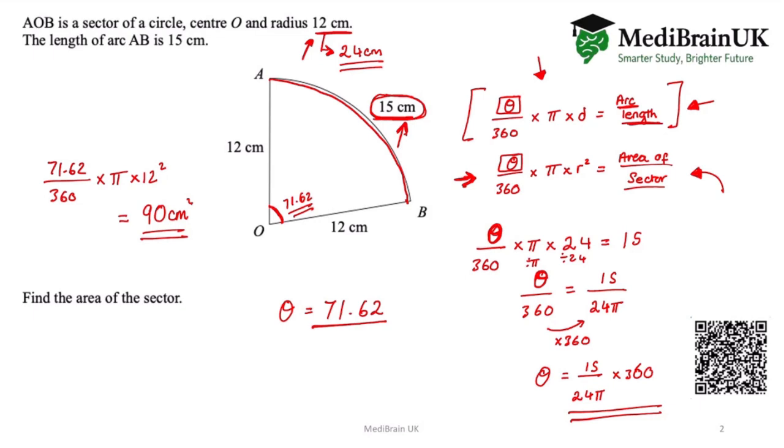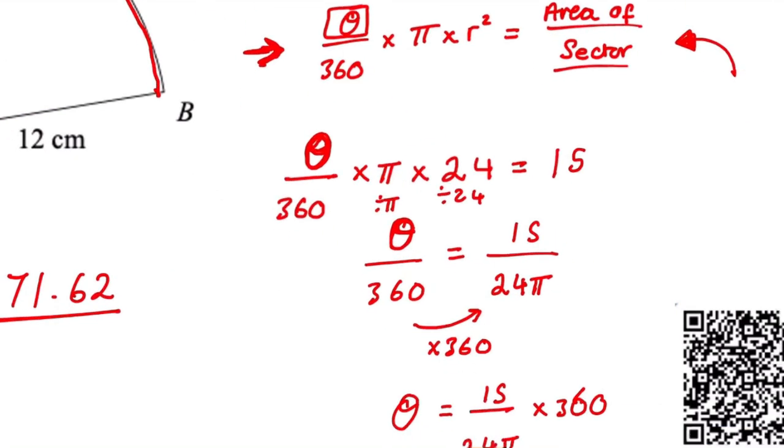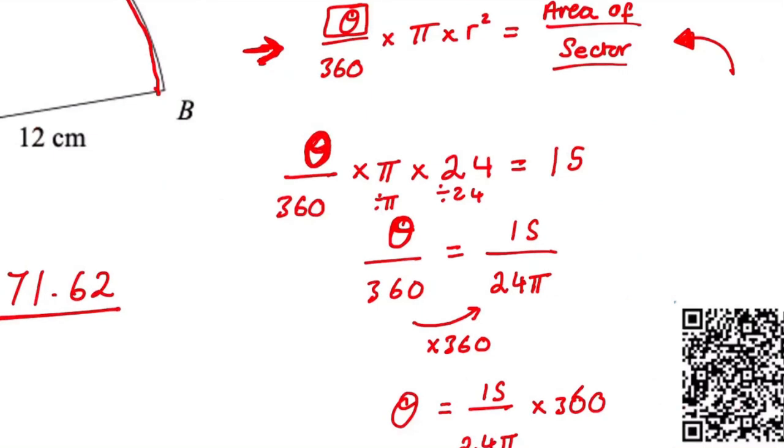That's the length of that curved part. And then all we did was we rearranged it to get theta the subject of the formula. So we wanted it by itself, so we divided by 24 to move the 24 to the other side. We divided by pi to move the pi to the other side. And we got theta over 360, and that was equal to 15 over 24 pi.